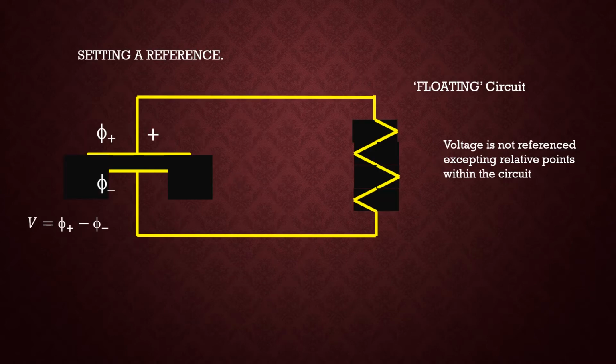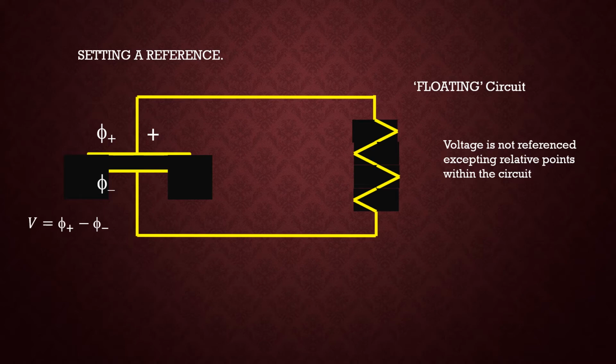So I want to introduce a couple of new terms as regards the circuits. So when I have a circuit drawn as indicated here, namely a voltage source connected to a resistive load, there's no absolute value. In other words, there's no way to define phi plus or phi minus independent of one another.